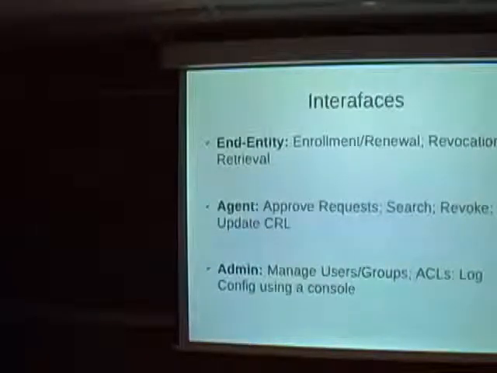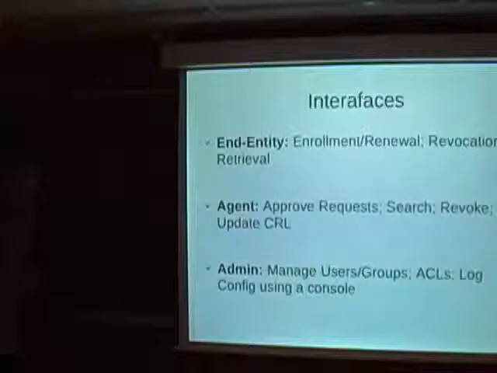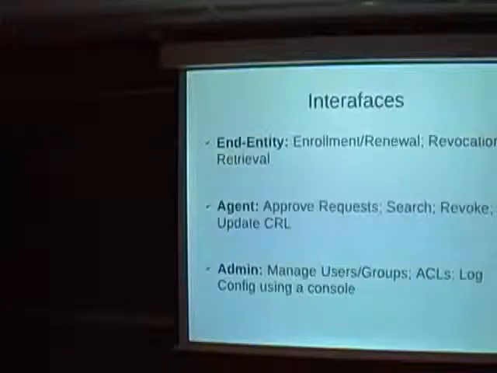An agent interface, for a certificate authority, would usually approve your certificate requests, and certificates are generated. You could also revoke and publish CRLs to different locations like LDAP, to a simple flat file, which can be accessed via HTTP as well.